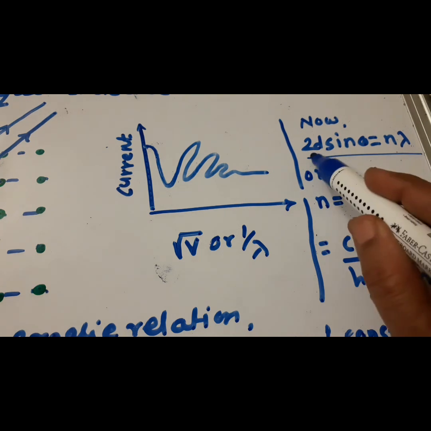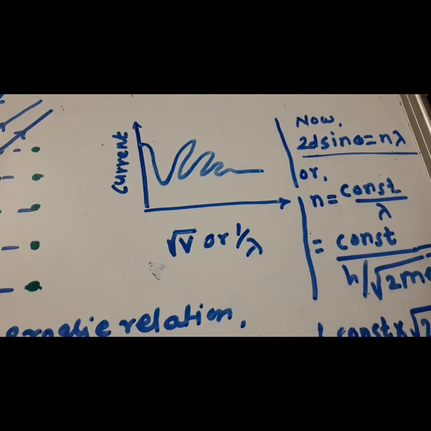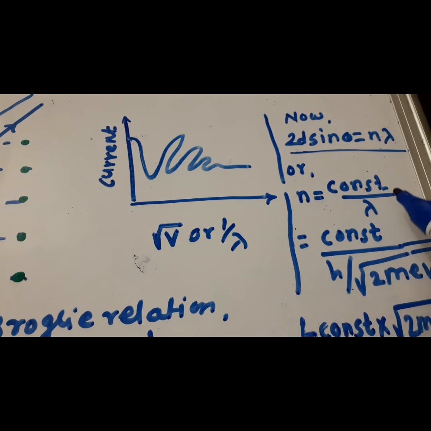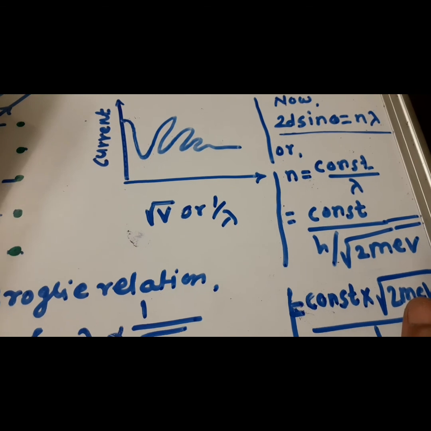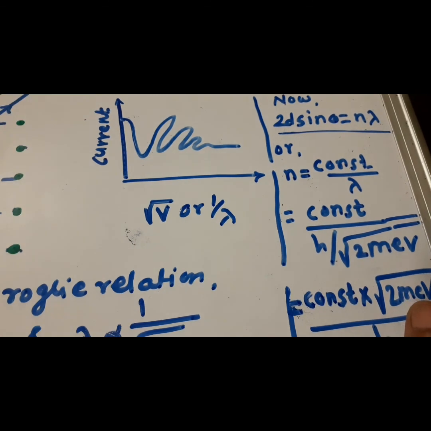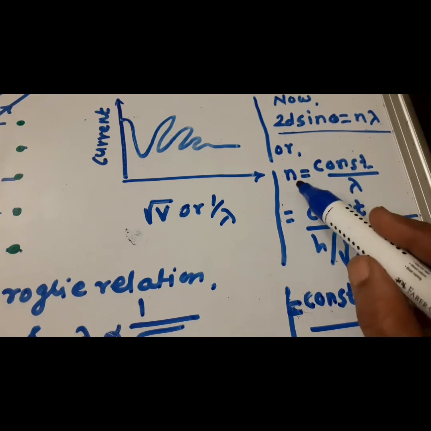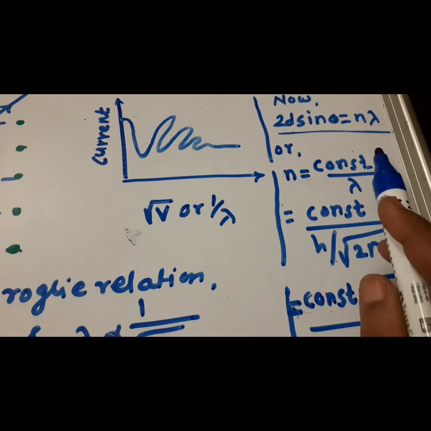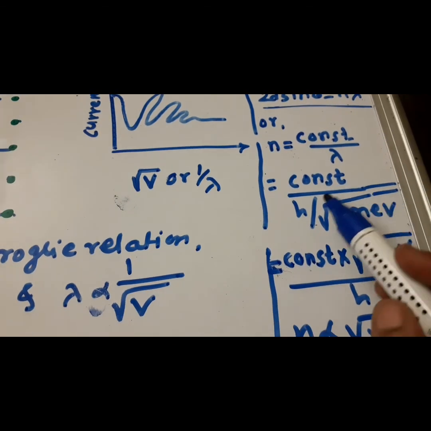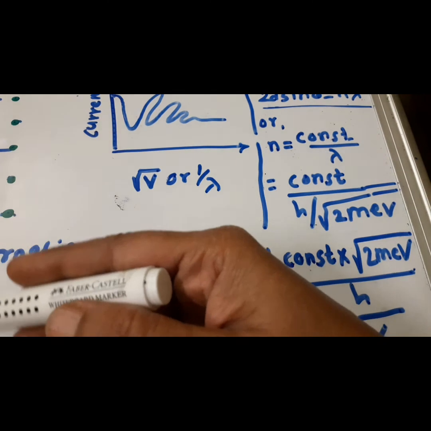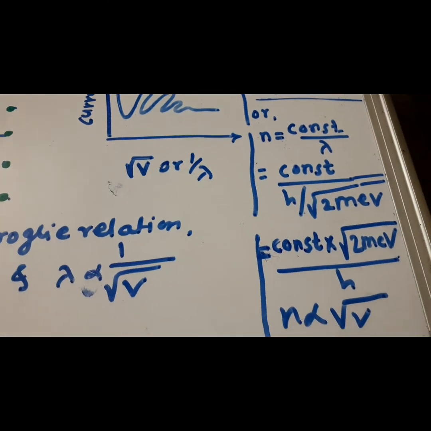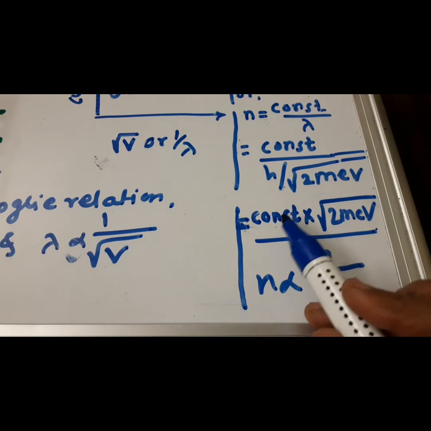This is the basic relation of the Bragg's reflection law, and n is equal to constant divided by lambda, because 2d sine theta is constant, since theta is equal to 10 degree. Therefore, n is equal to constant upon lambda, that is equal to constant divided by h upon root of 2meV, because we know that lambda is equal to h upon root of 2meV.